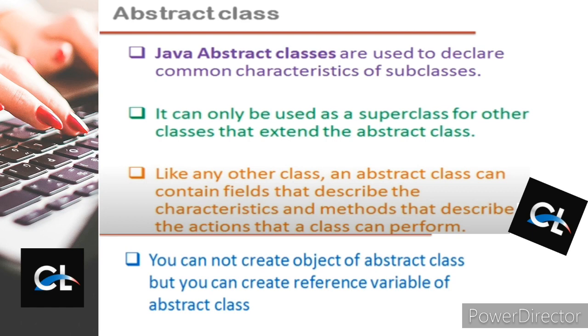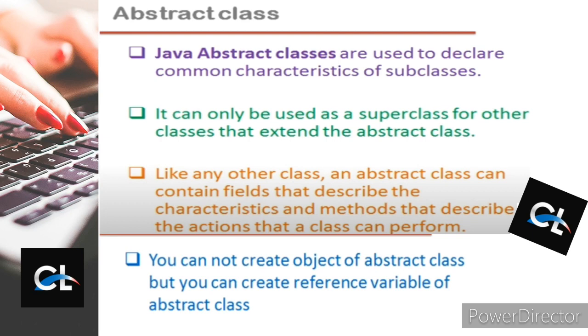It can only be used as a superclass for other classes that extend the abstract class. In the previous video regarding inheritance, we know the term extends. So regarding abstract class, as per ISC syllabus, we need to know the definitions. We need to know why we are going to use this abstract class and its features as well. So till now it is very much clear in front of us.